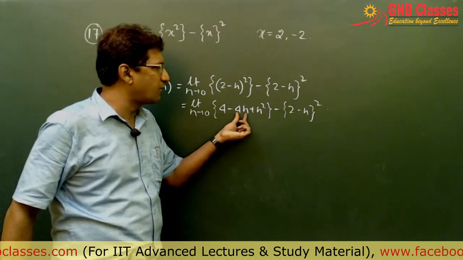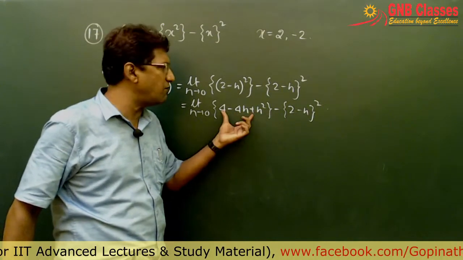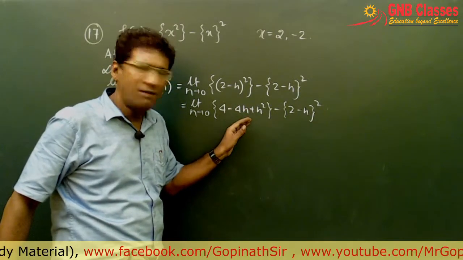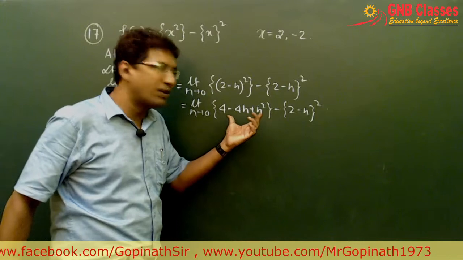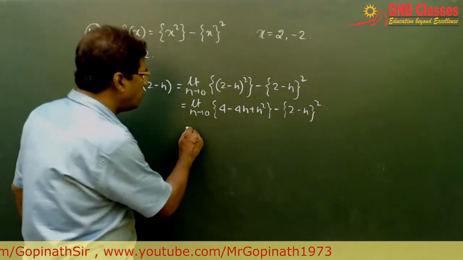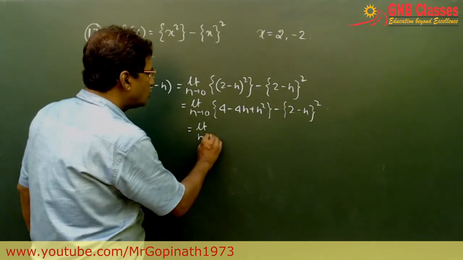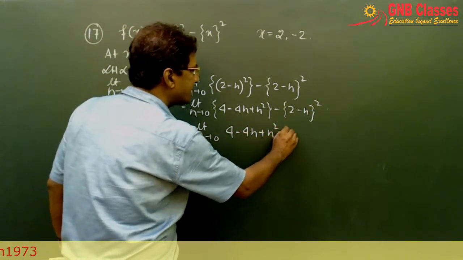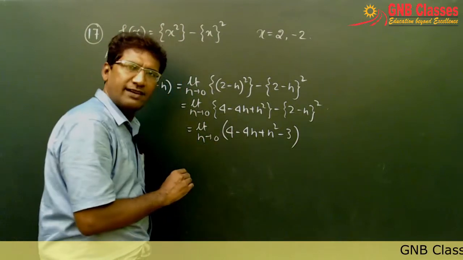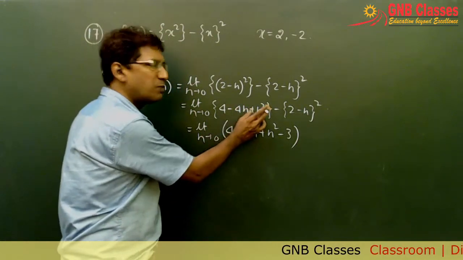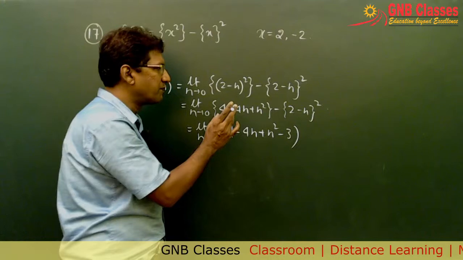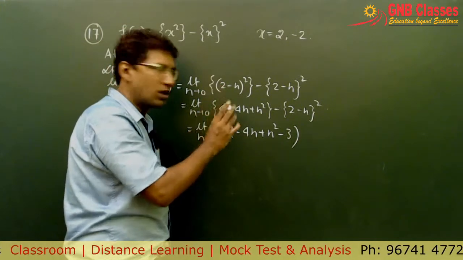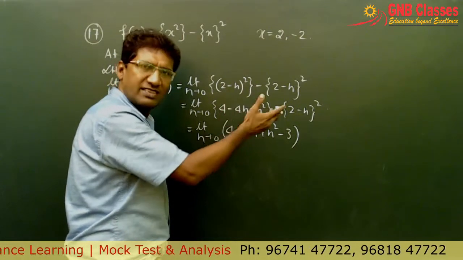Now 4 − 4h + h² will give you a number which is a little less than 4. Okay, it is 3 point something. Now to get the fractional part, all we will do is subtract 3 from here. Is it clear? Because 4 − 4h + h² is basically a number which is a little less than 4, so it is 3 point something.